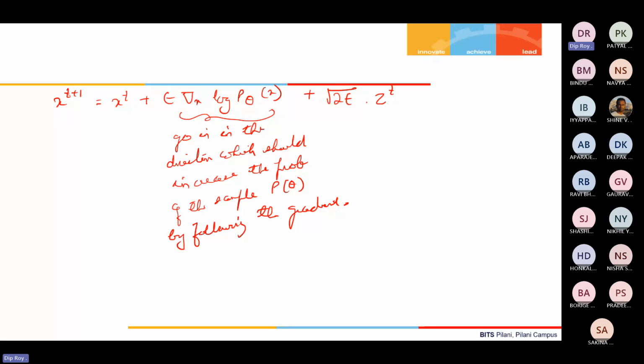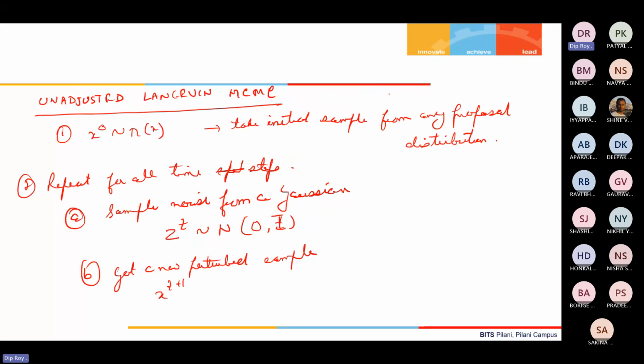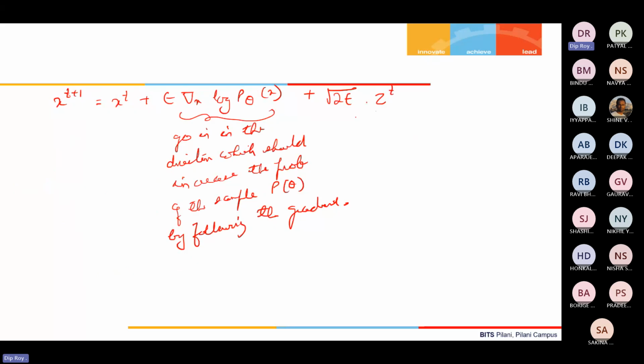Okay, so what are these? We have said that the Z we have sampled from is some noisy sample, and we scale. What we do is we add some noise as we do not want to be greedy and want to explore the space.